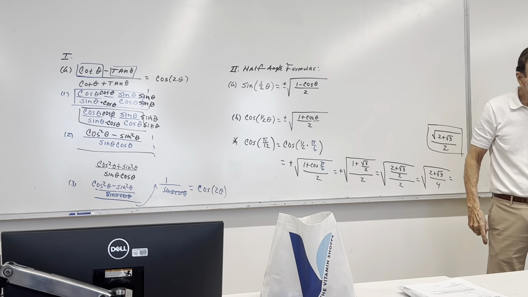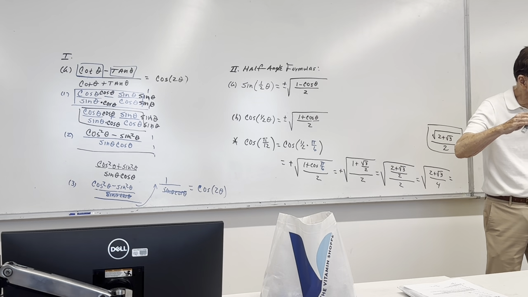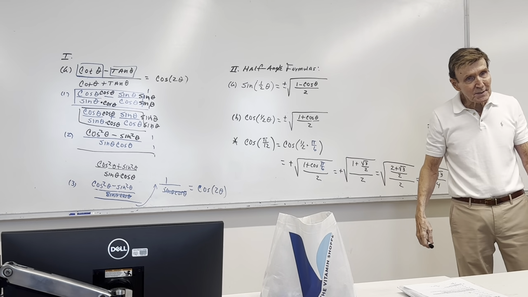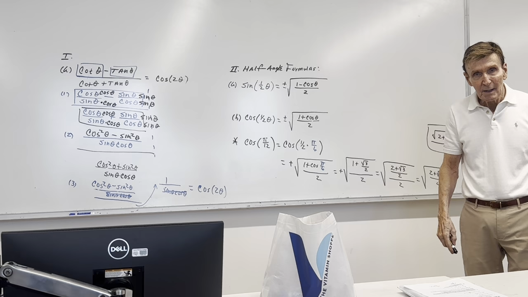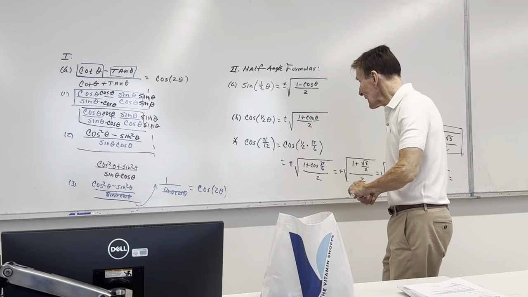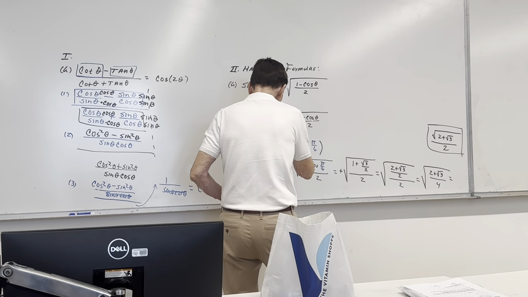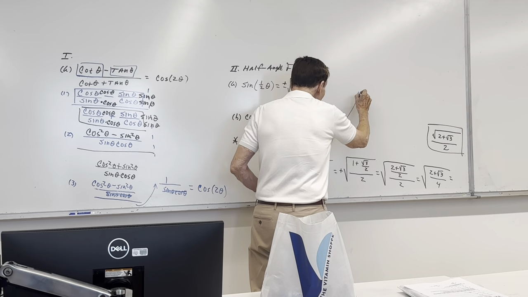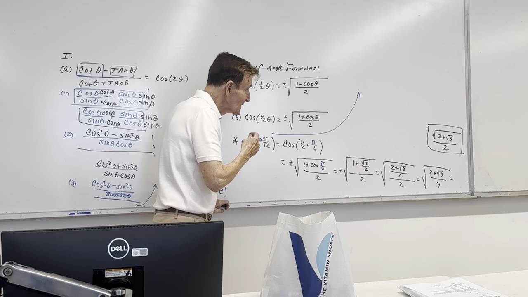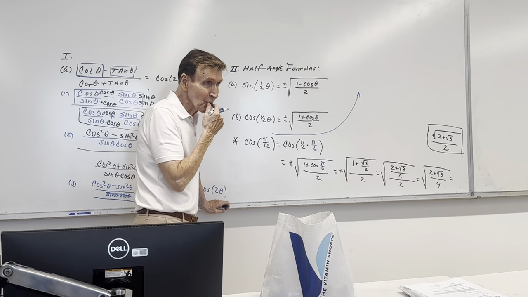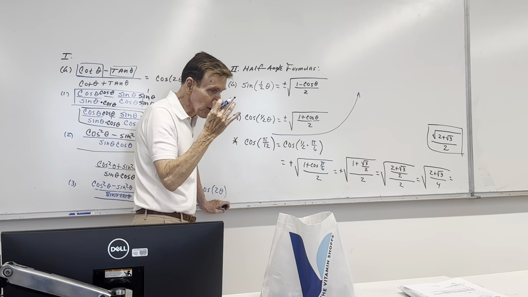Another student may say, Professor, there's another formula I could have used to find the exact value for cosine 15 degrees and not touch that half angle formula. Does anyone have another way that I could have discovered what this is, but approached it differently? Just out of curiosity.